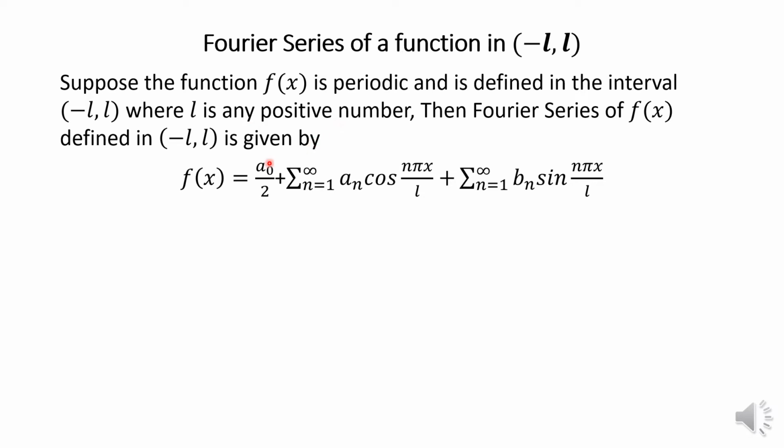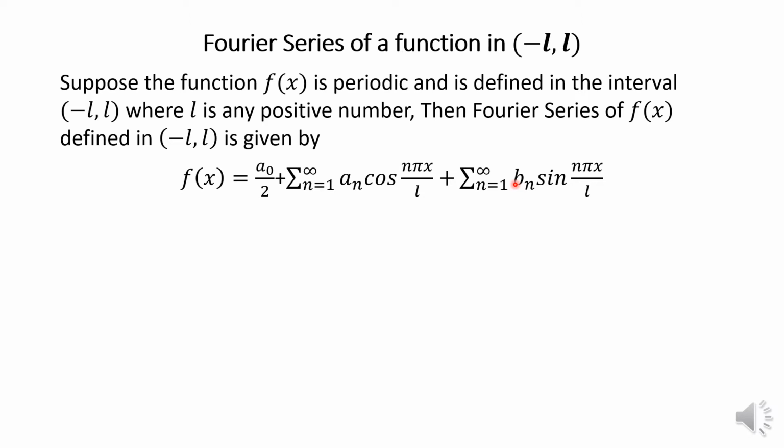And in the formula, you note that a naught, a n, b n are constants which are called the Fourier constants, or sometimes Euler's constants. And we have derived the formulas for these three constants in your previous video lectures.